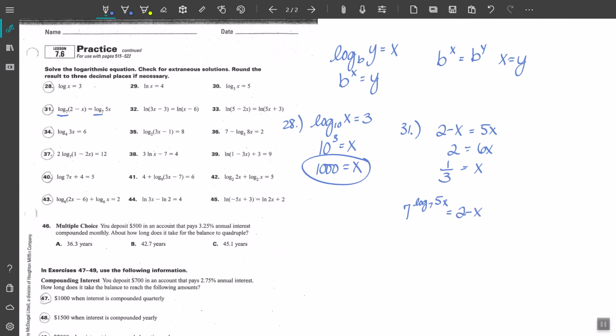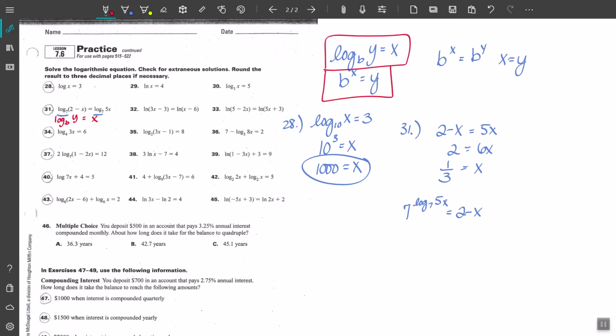So maybe to make that a little bit clearer, let me switch colors. If I come over here under the original problem, you can see I write the pattern out underneath: we have log base b, here's my y, and that equals this x over here. So I'm getting that from my logarithmic form. I can take that base b, which is 7. My x is this log base 7 5x. That's going to become my new exponent, and then I set it equal to that 2 minus x.